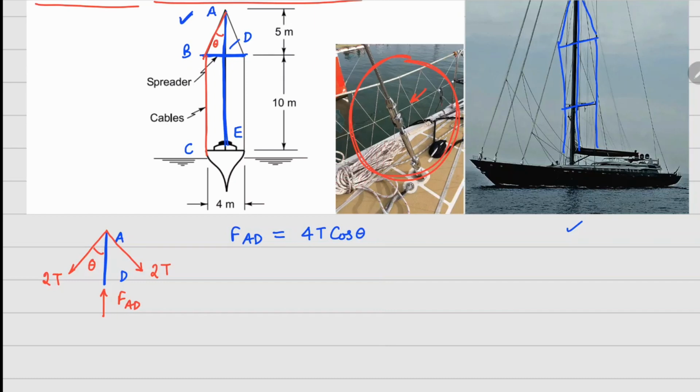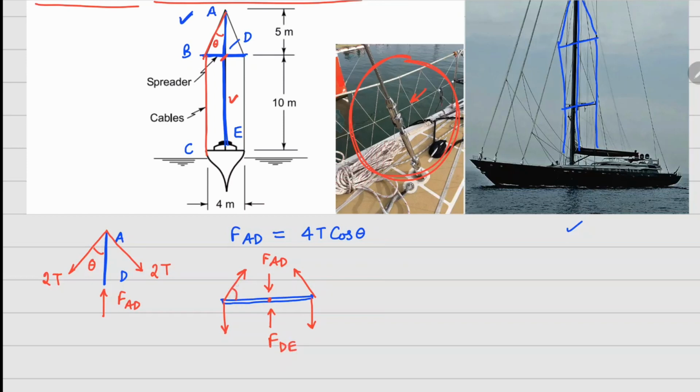Now let's look at the other part of the structure, this body right here. You can see that there are these cables going this way, going down, and this is attached with these AD and D members also. So if I draw FAD, which is going up here, FAD will come down on this one, and similarly if I assume FDE, this member also to be compressive, then it's going to apply a force that goes vertically up on this one.